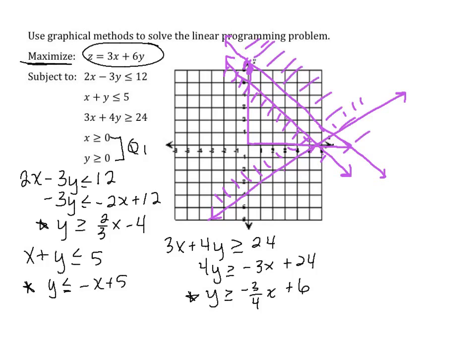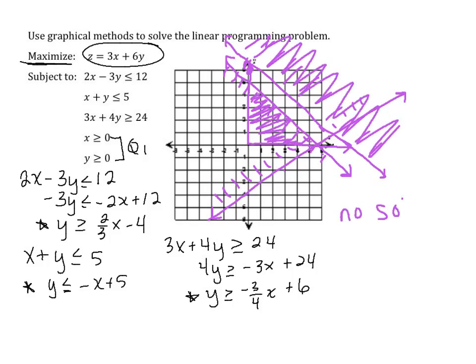Oh dear. Well, they're never going to overlap because this one is shaded above and everything else is in this area. But this constraint says that we have to shade up here. So there is no solution, because there is no feasible area to check.